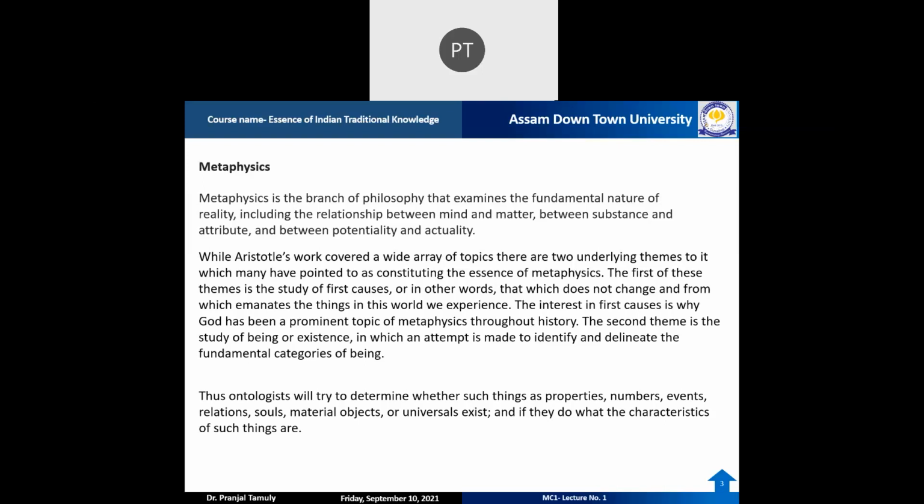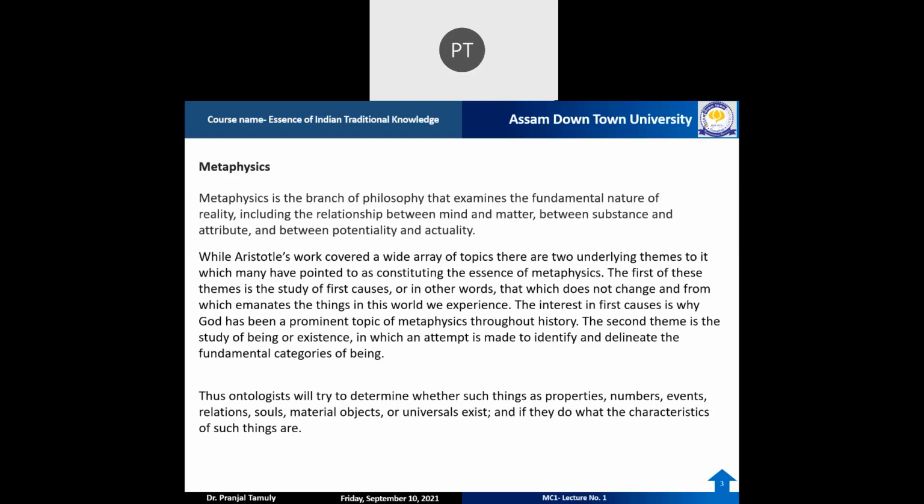There are some fundamental questions that metaphysics deals with. Is there a God? What is truth? What is a person? What makes a person the same throughout time? Is the world composed strictly of matter? What is the soul? How is mind related to body?